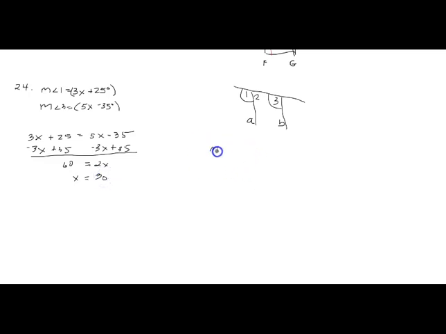So the measure of angle 1 would equal 3 times 30 plus 25, which would be 115, and the measure of angle 3 would equal 5 times 30 minus 35, which would be 115. So they are equal together, so A is parallel to B.